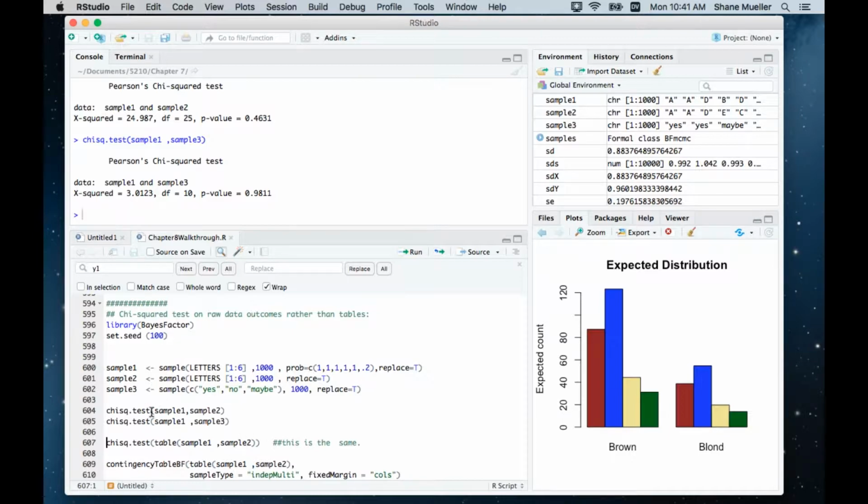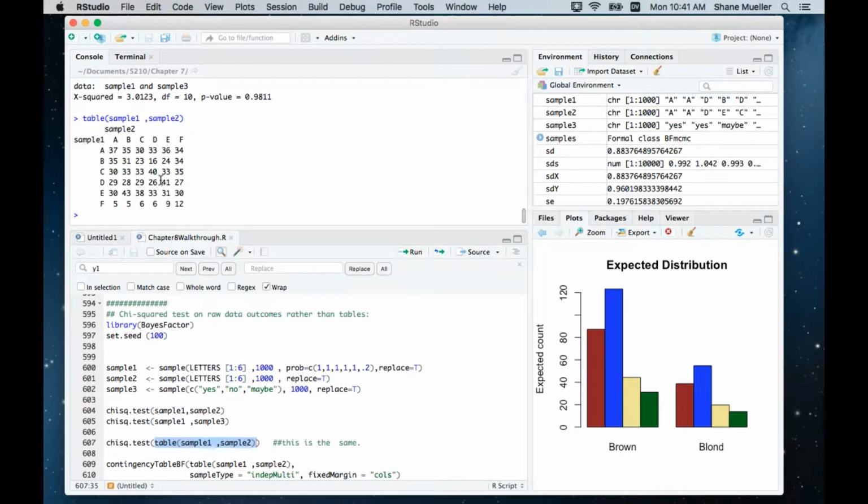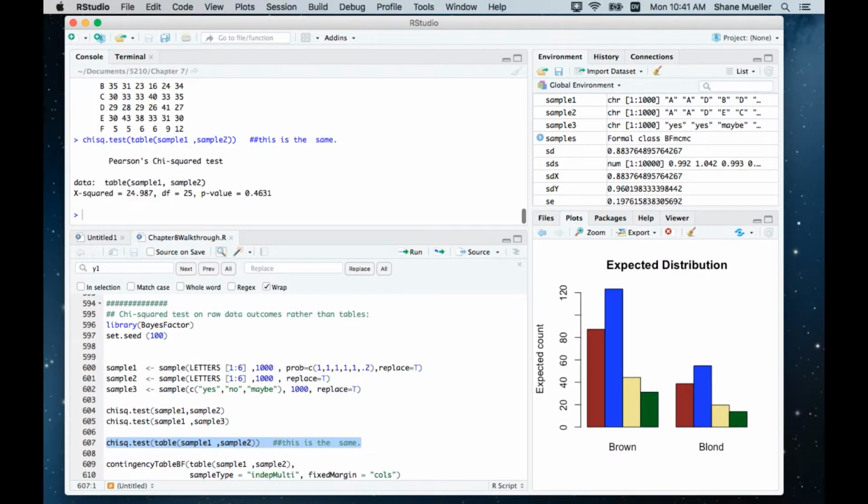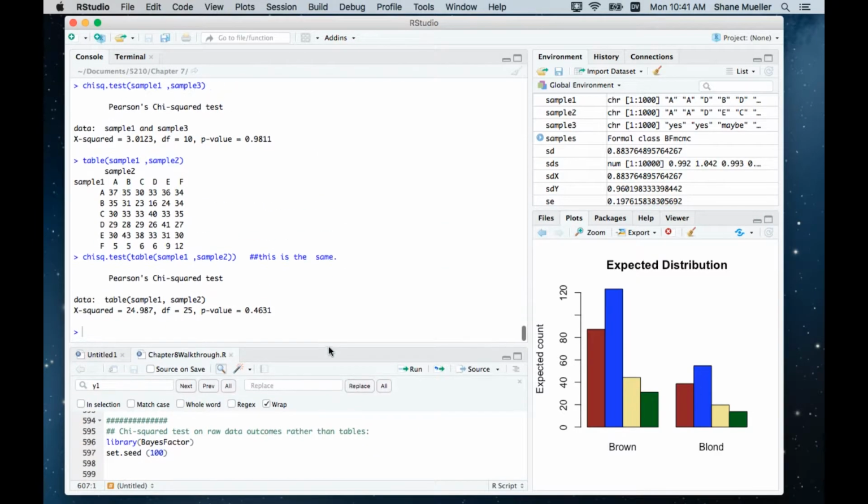Now this first one, you notice before I gave it the table for the hair color, I gave it the equivalent of this, which was the whole contingency table of A versus B that I can create with the table command. Well, this test, if I give it these 2 independent outcome values, is going to be the same.